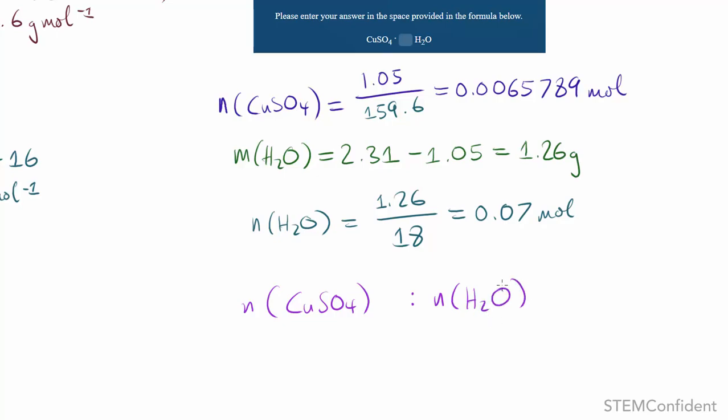We've worked out the moles for copper sulfate, which is 0.0065789, compared to the moles of H2O, which is 0.07.